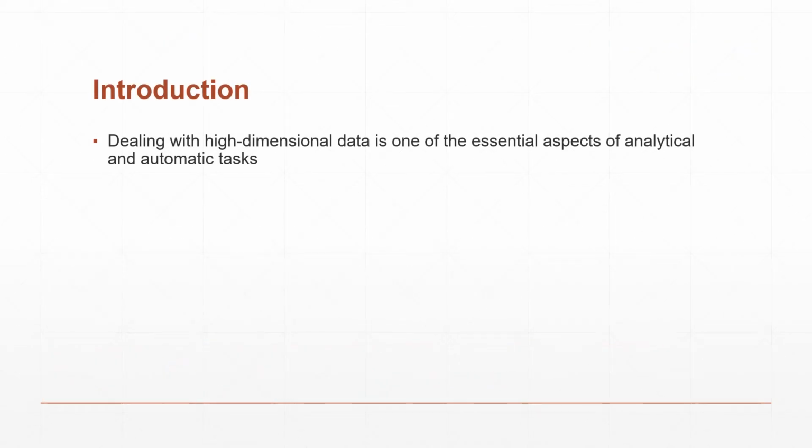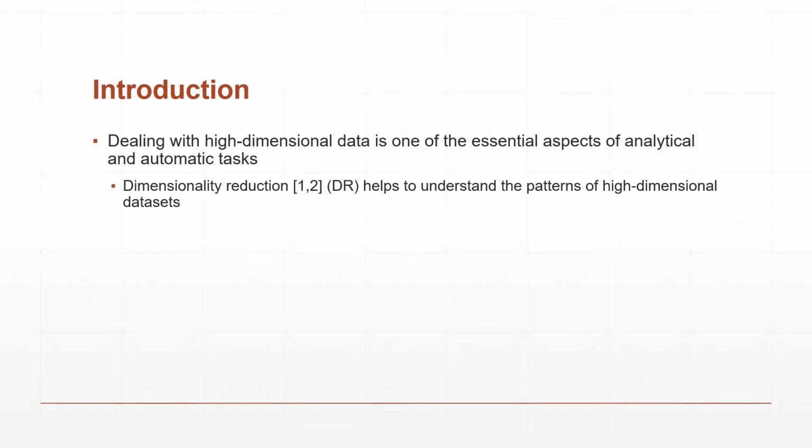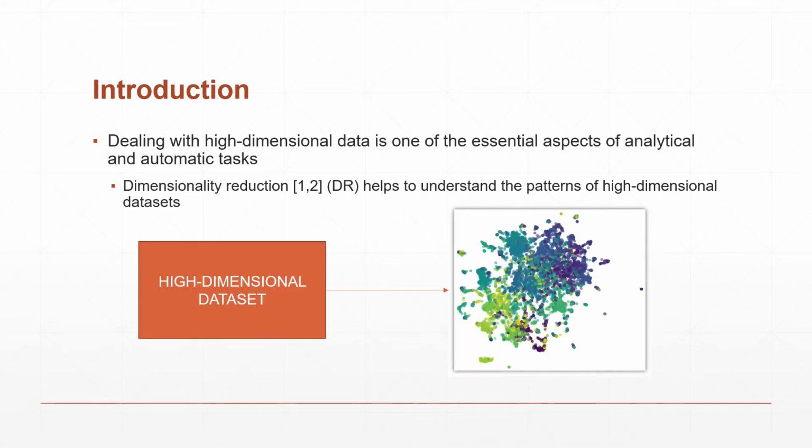We know that dealing with high-dimensional data is one of the essential aspects of analytical and automatic tasks. And to understand the patterns of high-dimensional datasets, we often rely on dimensionality reduction, which can be represented by scatter plots after reducing to 2 or 3 dimensions.